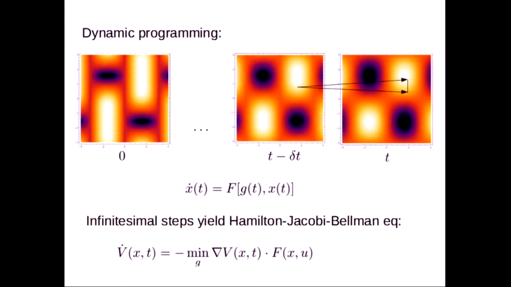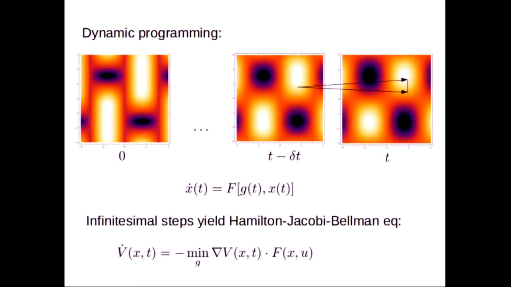So here's a made-up schematic parameter space, some target space, like in the case of a quantum algorithm, this would be the Hilbert space, and you have some objective function that you're trying to optimize at the end of your dynamics.